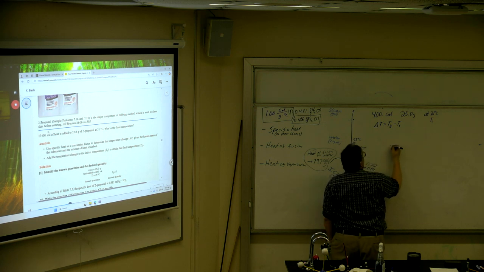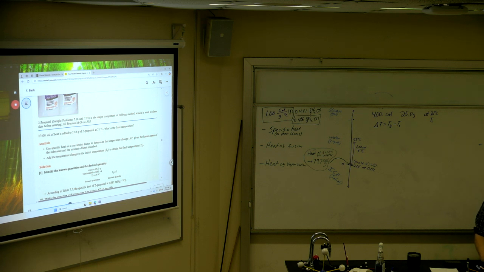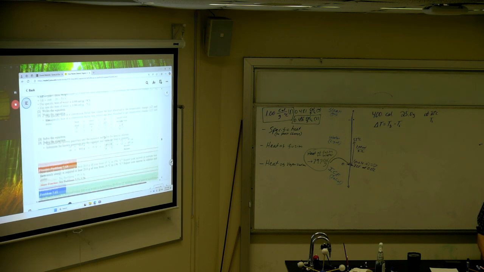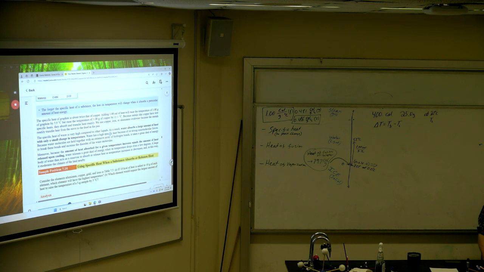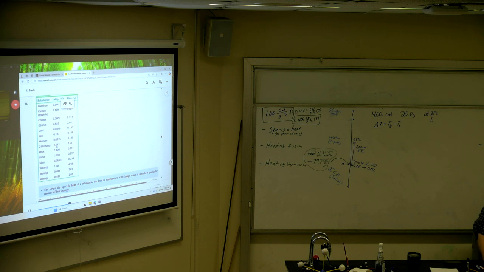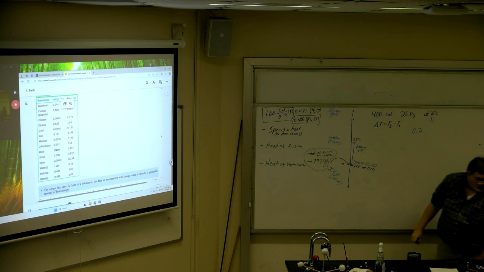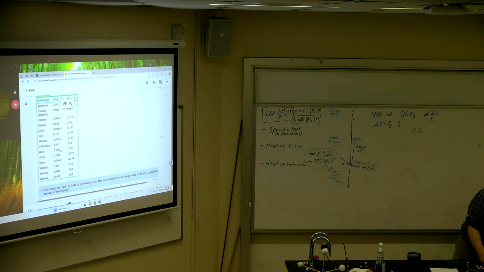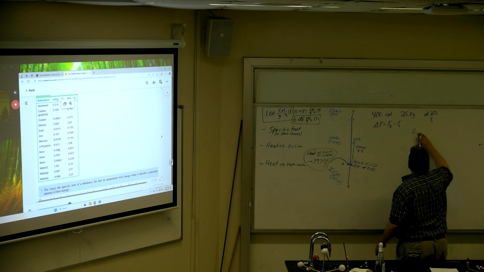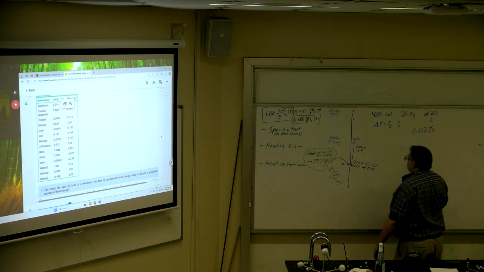So you would start by, it gives us the, we need the propanol, 21 degrees C. We're assuming there's no phase change. 2-propanol is 0.2612. So we're going to need that.